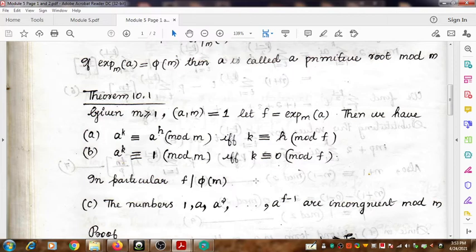Okay, since in the first situation we have completed the proof, we need to think about the remaining situation, that is k minus h is greater than f, right?